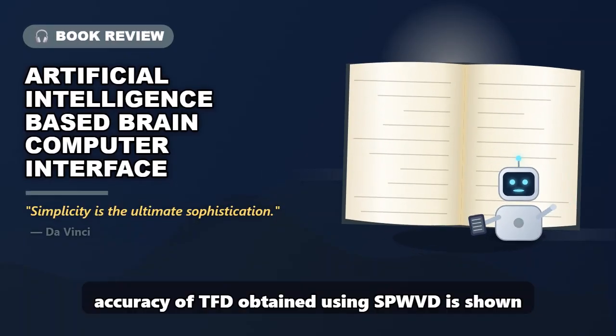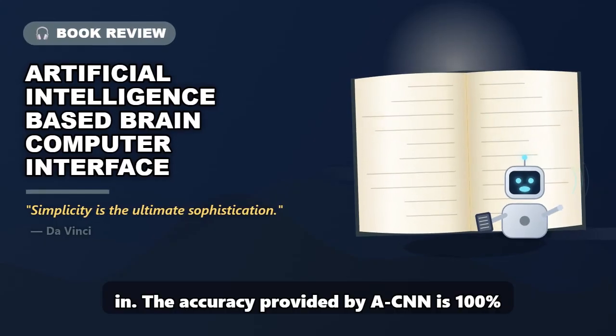Finally, the accuracy of TFD obtained using SPWVD is shown in.